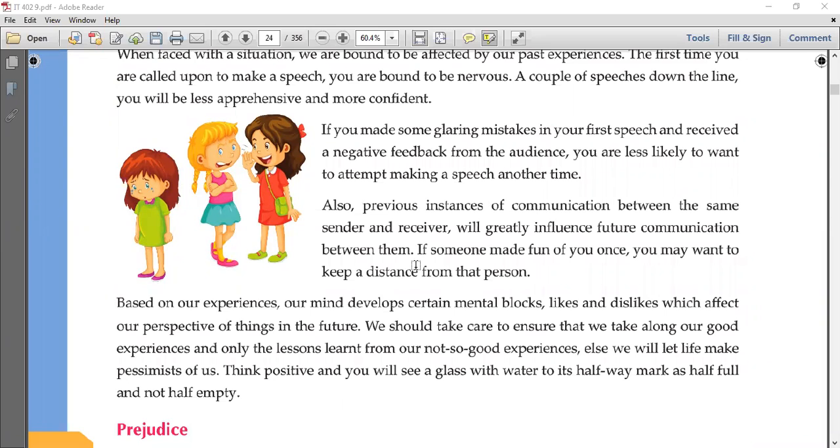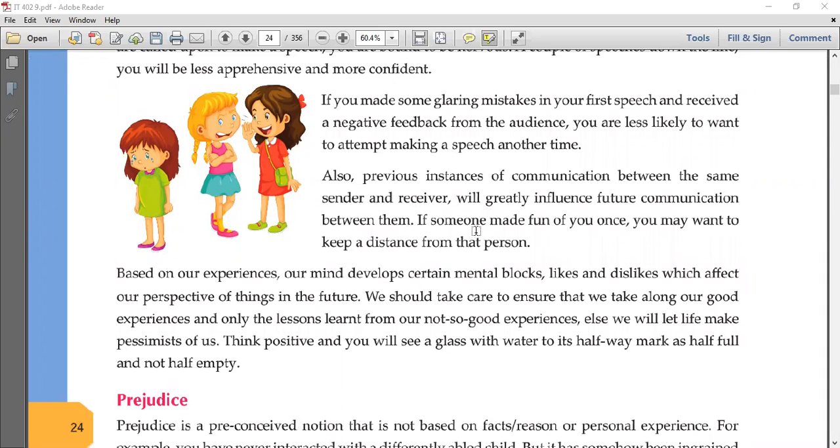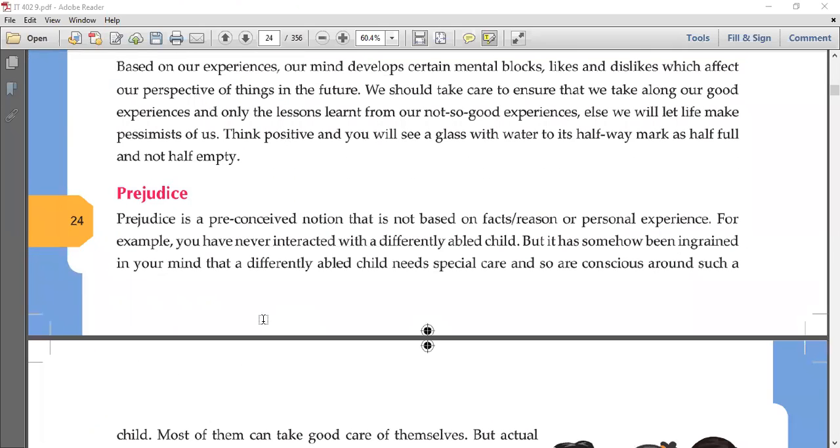So it all depends on whatever experience you have gone through. If someone had made fun of you, you want to keep a distance from that person. So based on experiences, your mind develops certain mental blocks, certain likes, certain dislikes, which affect your perspective, right? Which means perception is changed.